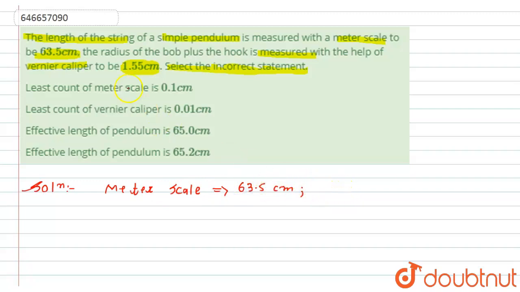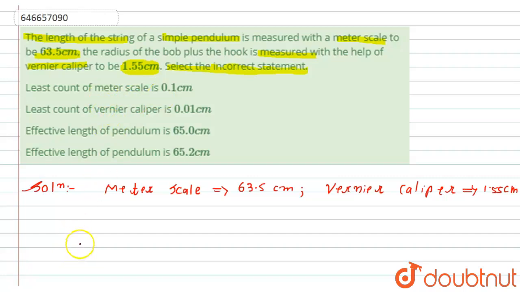While the radius of bob plus hook is measured with the help of vernier caliper, and it is found to be 1.55 centimeter. So according to this information, we have to select the incorrect statement out of these four.